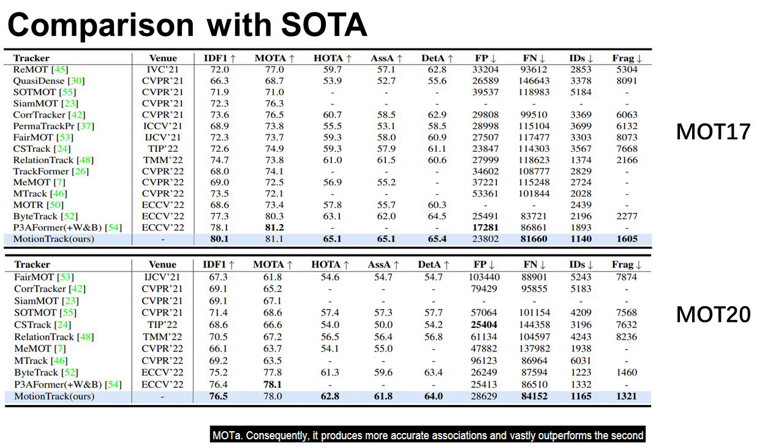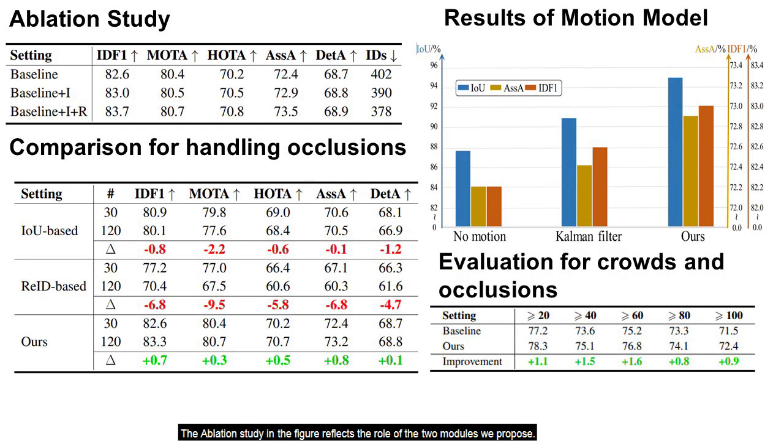Consequently, it produces more accurate associations and vastly outperforms the second-best tracker in metrics reflecting the association ability, that is, +2.0 IDF1 and +3.1 AssA. For the IDs metric, we are 40% less than the second one, which shows the strong ability of our association component. The ablation study in the figure reflects the role of the two modules we propose.